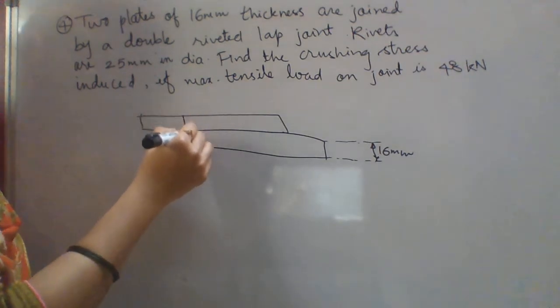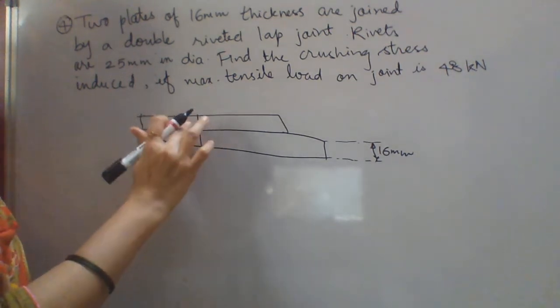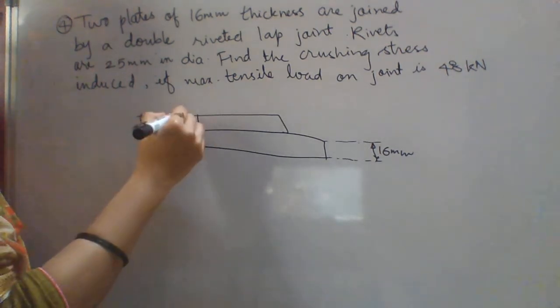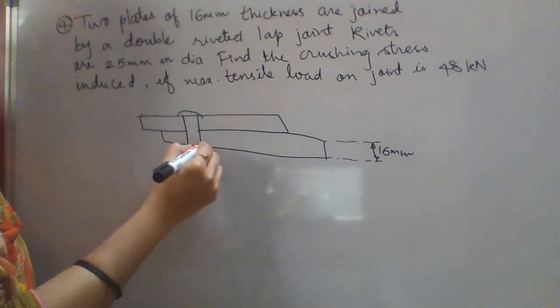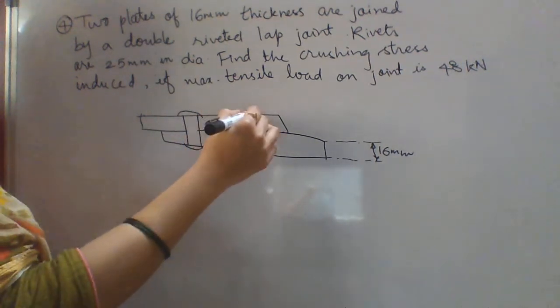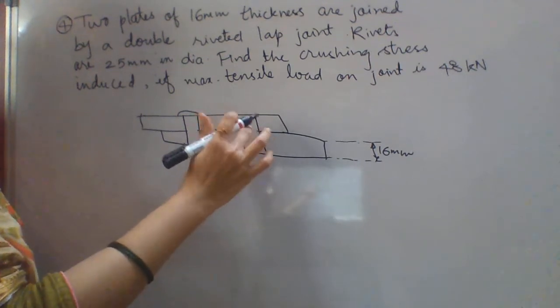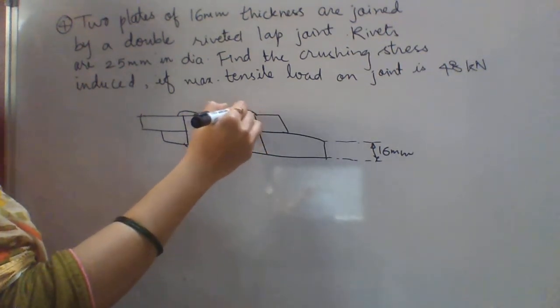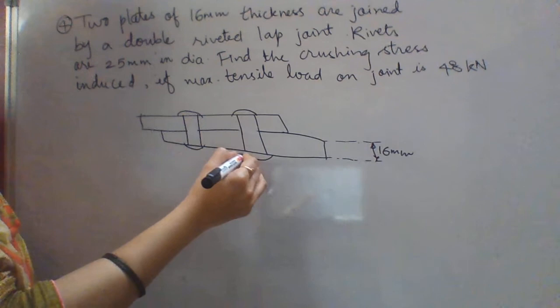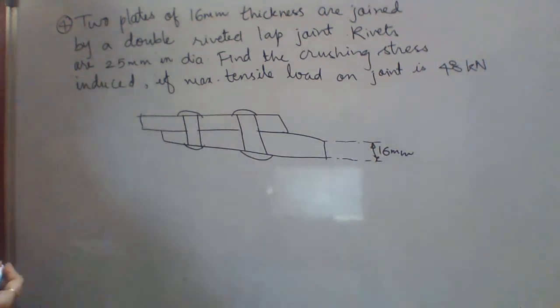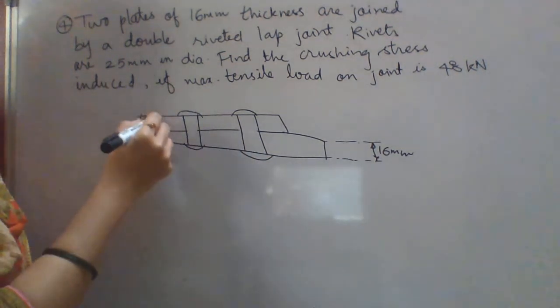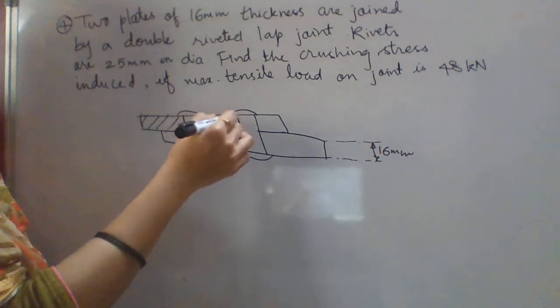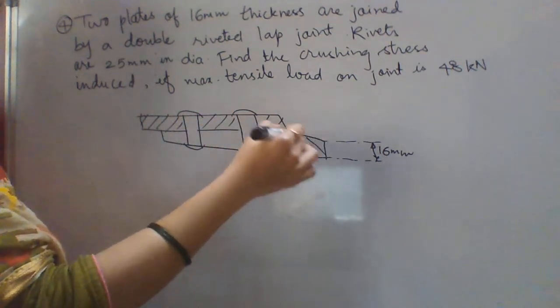Now this is joined with the help of two rivets. So I will draw two rivets, one rivet, two rivets. So there are two plates joined with the help of two rivets.